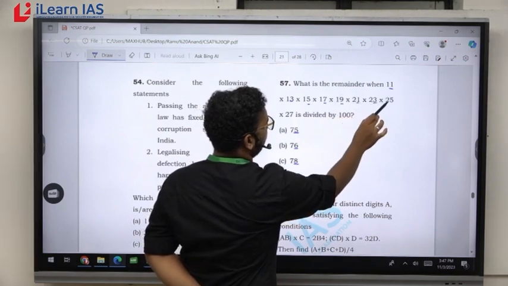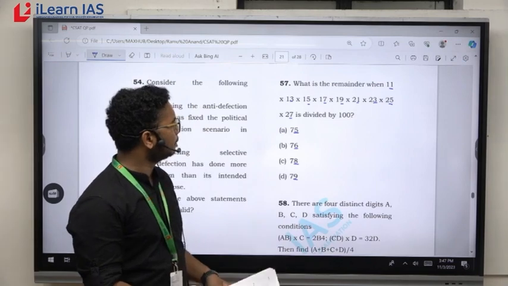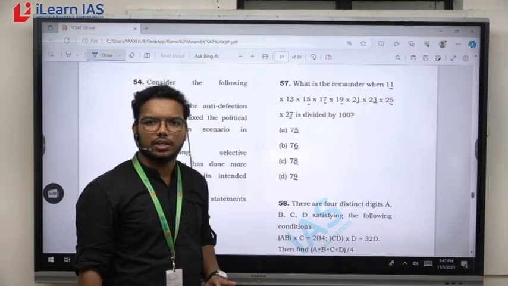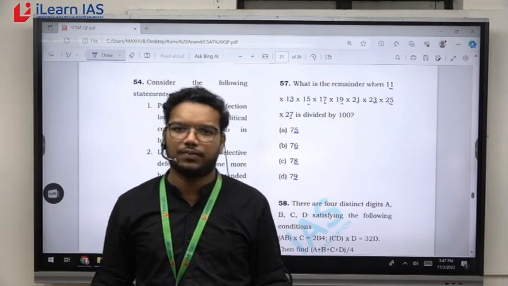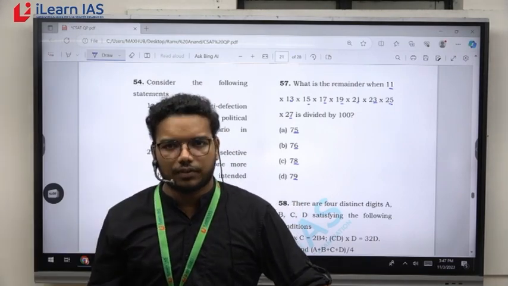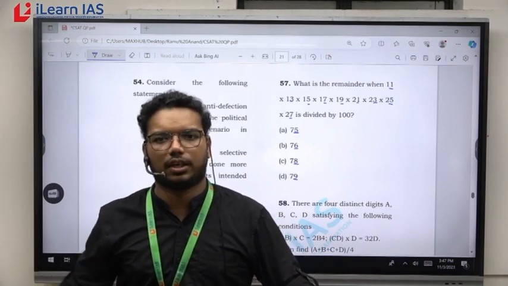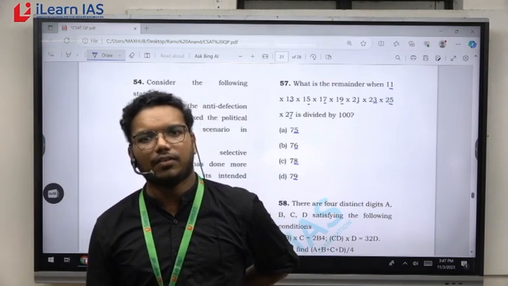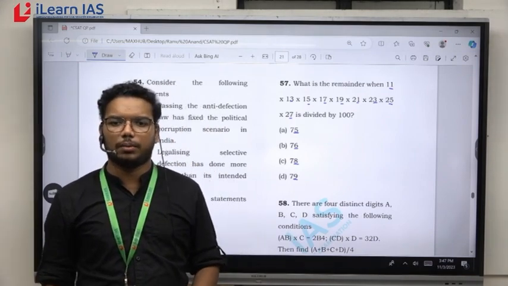And we also have 5. 5 into any odd number: 5 into 1 is 5, 5 into 3 is 15, 5 into 5 is 25, 5 into 7 is 35, etc. What do we understand? 5 into any odd number always ends in 5.